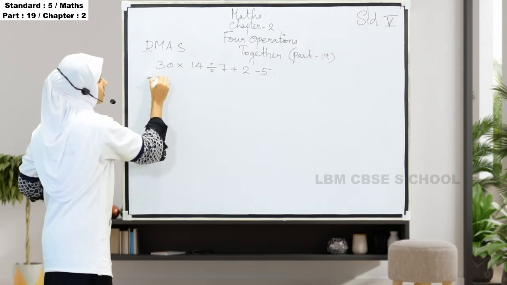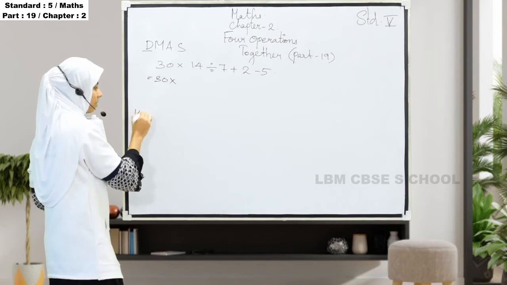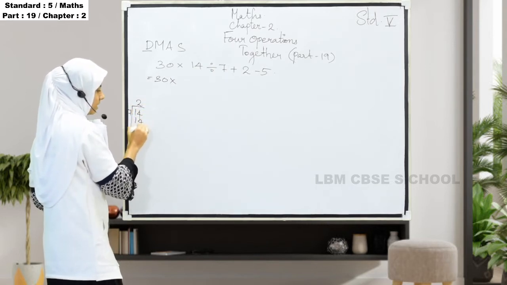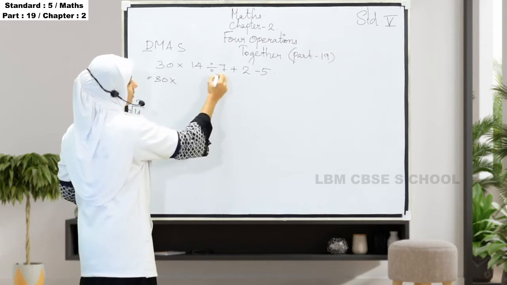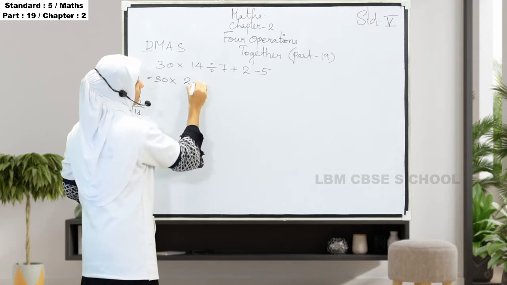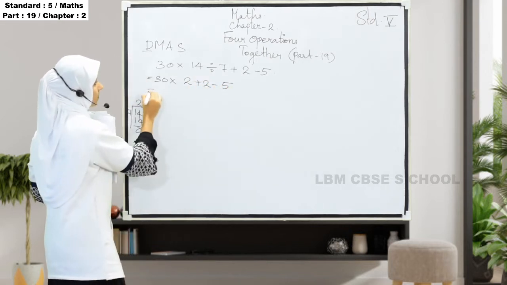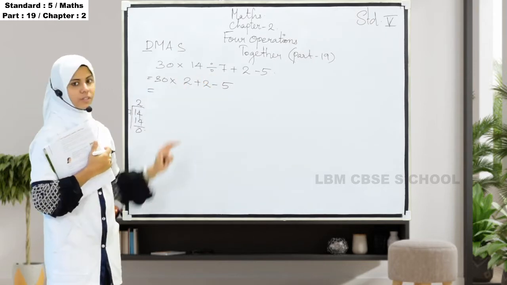That is 30 into, we know that 14 divided by 7 is what? 14 divided by 7 is 2. 7 2s are 14. So the quotient is 2. Then plus 2 minus 5. Okay, then division is solved.